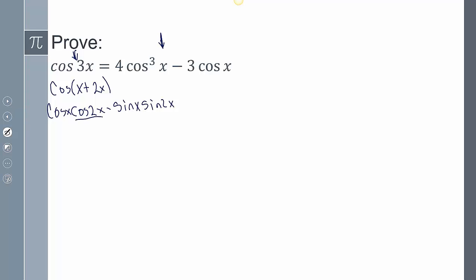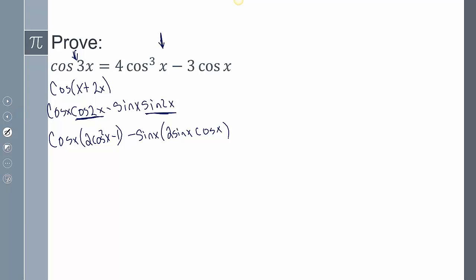Now, using the double angle identity for this and using the double angle identity for this, I'm going to get cosine of x times, let's try 2 cosine squared x minus 1. That's going to be minus sine of x, and this is going to be 2 sine x cosine x.